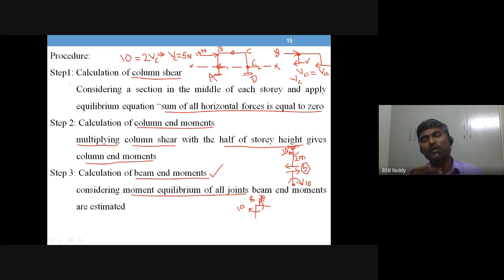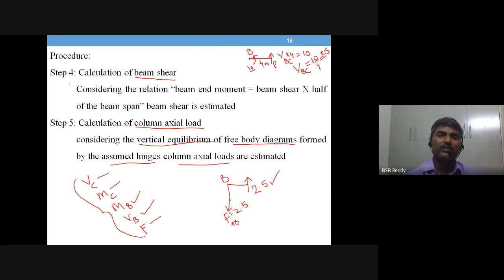So where to start solving the problem? Start from column shear, then the connecting quantity, column end moment, you calculate by simple multiplication. Then you calculate beam end moments, then beam shear, then column axial load.